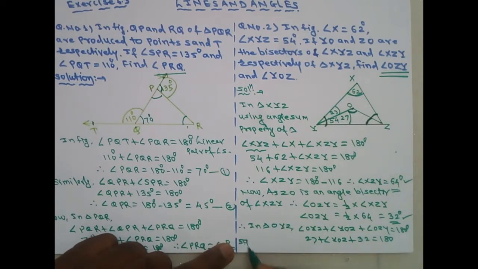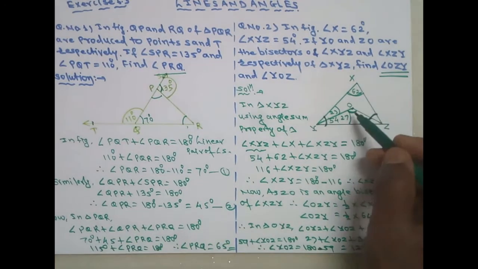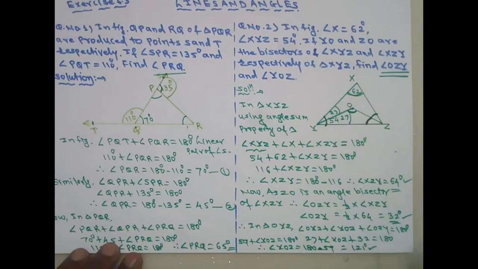So 59 plus angle YOZ equals 180. Therefore angle YOZ is equal to 180 minus 59, so 121 degree. Therefore this angle will be 121 degree. Okay.